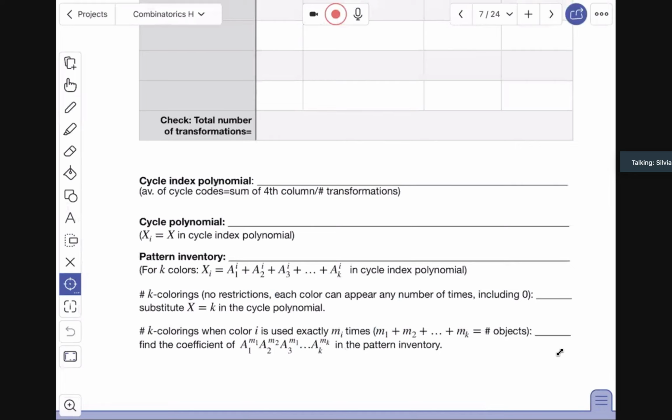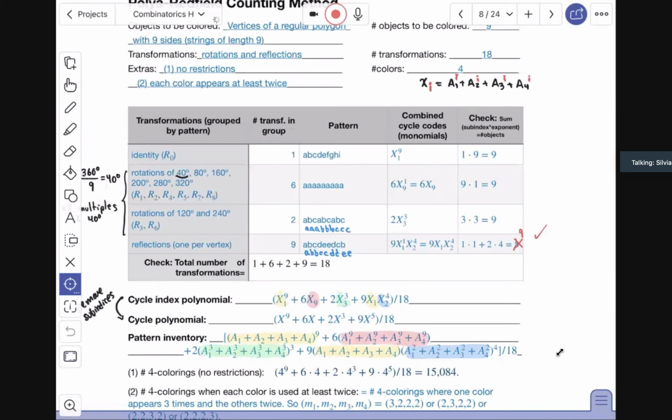Now, if you don't want to do it using something from chapter 1, you could use Mathematica or Wolfram Alpha or any software that you know how to use, or anything on the internet, to expand your polynomial.